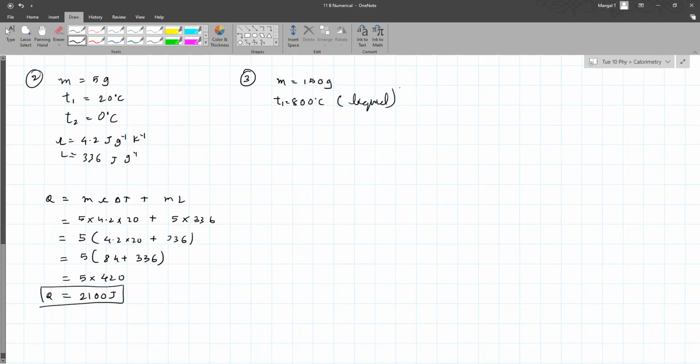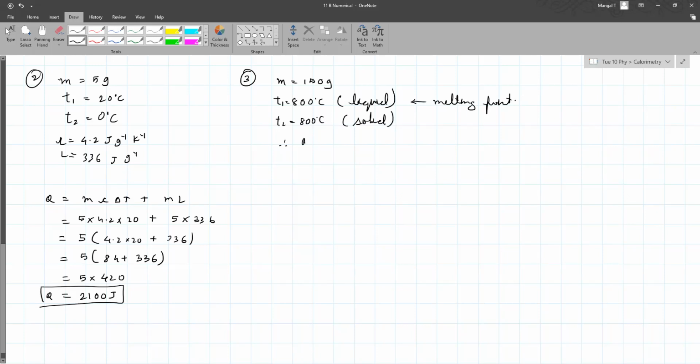Now it is allowed, and this is the melting point as well, and then it is allowed to freeze at the same temperature. So T2 is also 800 degree, and it is becoming solid.